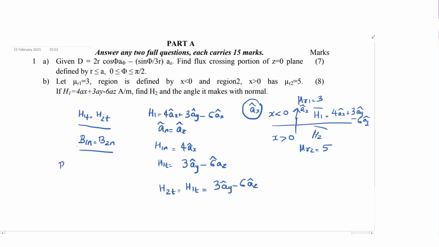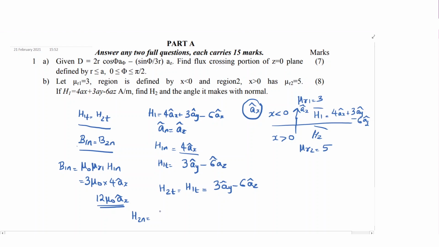Now how to calculate B1n? This will be equal to mu 0 mu r1 into H1n. H1n here is 4AX. So this will be mu 0 into 3 into 4AX, which is 12 mu naught AX. This is the B1n component. From this, how can you get H2n?